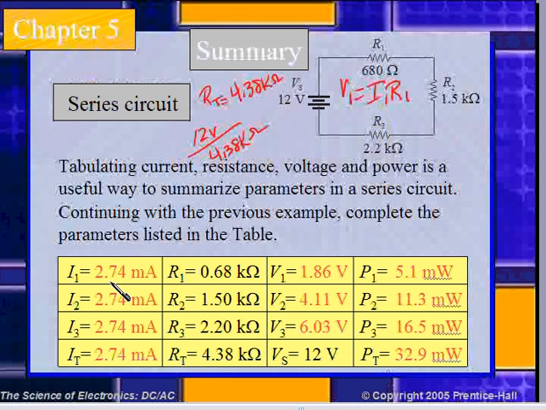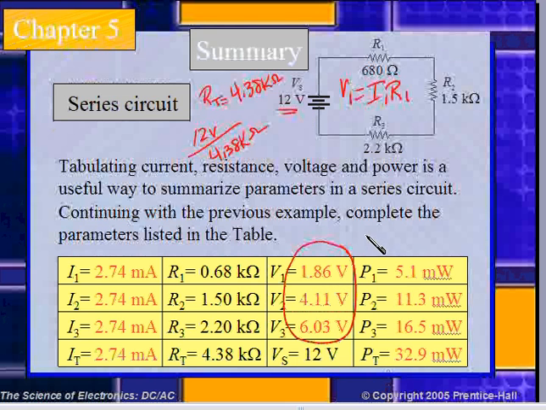Obviously my current is just 2.74 milli, so it's 2.74 milli times 680, which gives me 1.86 volts. V2 is going to be my 2.74 times 1500, which is 4.11, and V3 is 2.2K or 2200 times 2.74 milliamps, which gives 6.03 volts. Now notice, the total of the voltages, if I add them, equals 12, which is my source voltage.